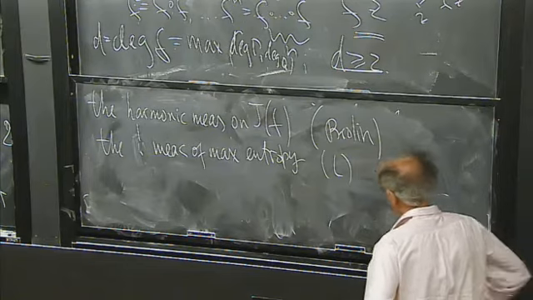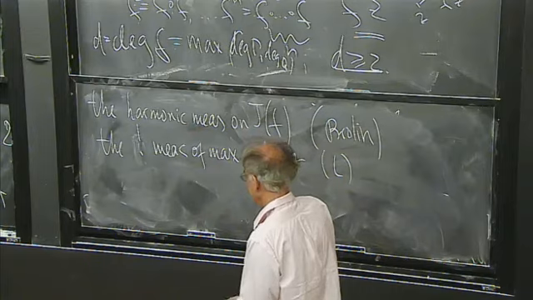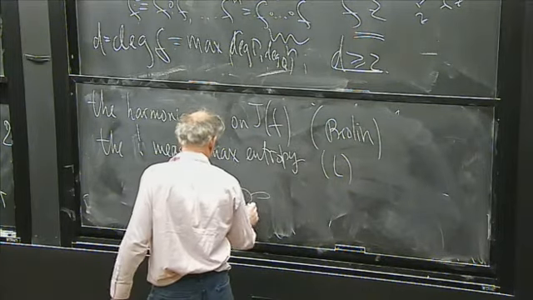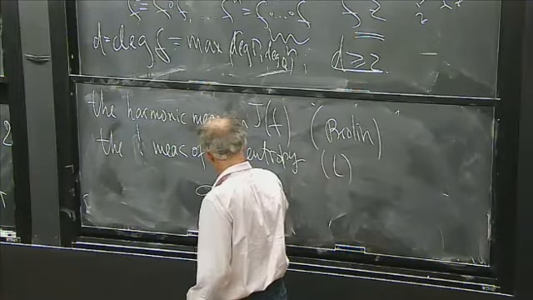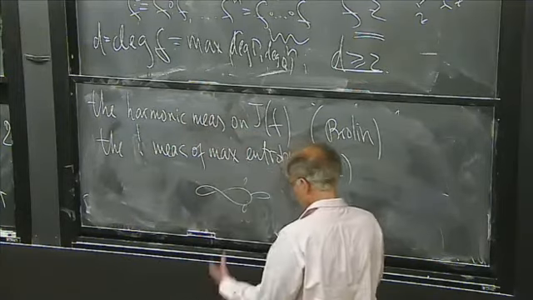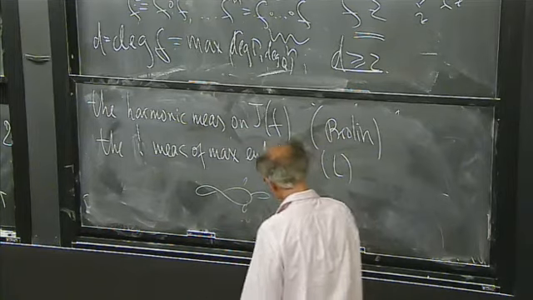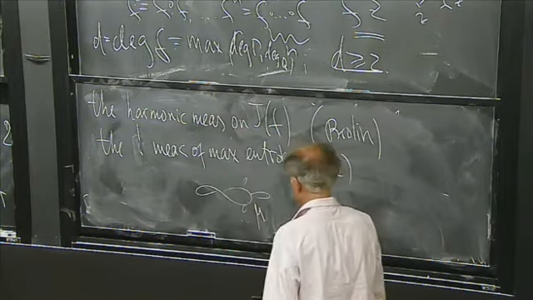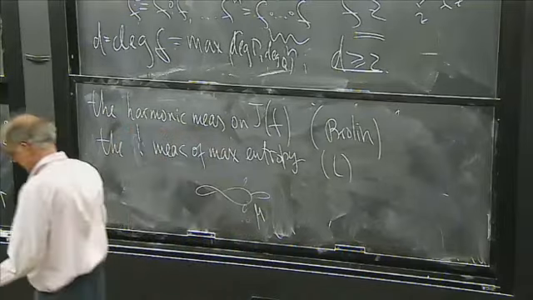For Brolin, this measure was the harmonic measure on the Julia set, and roughly what it means is the following. Here is the Julia set, you think of it as a conductor, a piece of metal. You put a unit charge, mu, on this piece of metal, and you let this charge get into equilibrium.